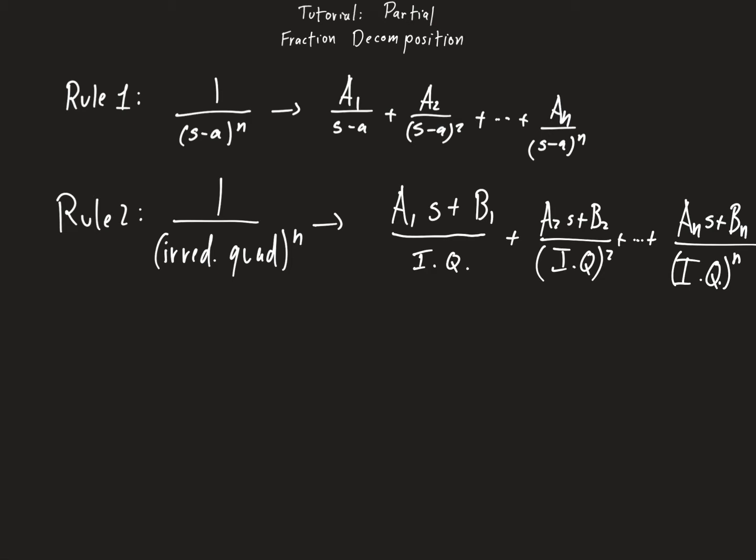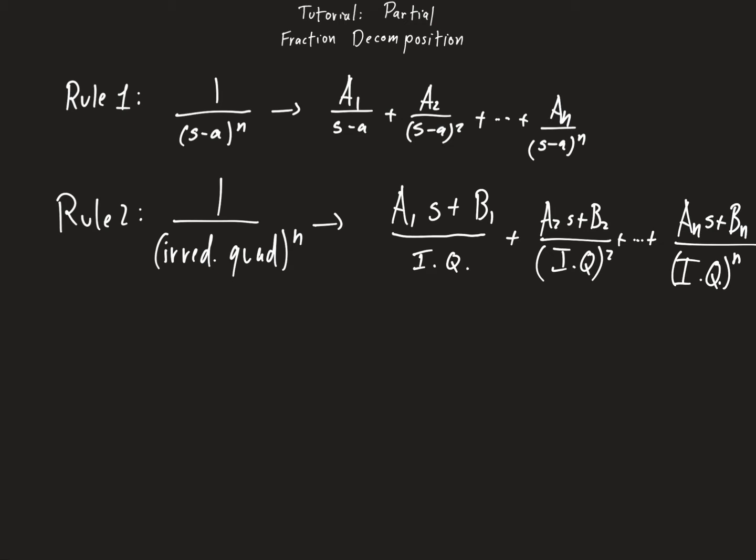So these two rules address how to deal with different types of denominators. Rule 1 deals with linear factors in the denominator, and it says that if you have a factor in the denominator that is linear and has a power of n on it, or multiplicity n, both terms mean the same thing, then that term will get decomposed as a1 divided by, say, s minus a, if that's the factor, plus a2 divided by s minus a squared, and so on and so forth, all the way up to an divided by s minus a to the n.